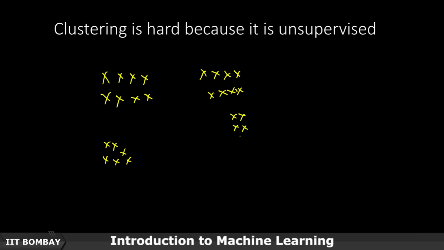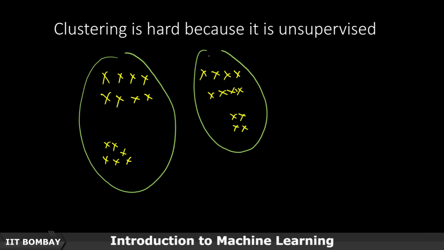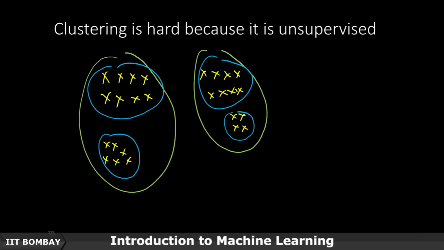All of these could be right answers depending on what you are looking for. If you are looking to have only a few clusters, then probably the 2 clusters that you see are these 2. If you are looking to find more clusters, then probably you have these 4 clusters, right?